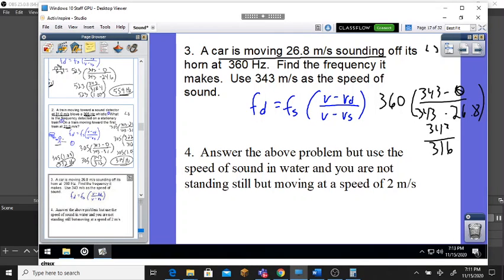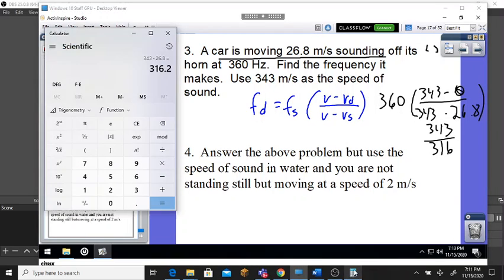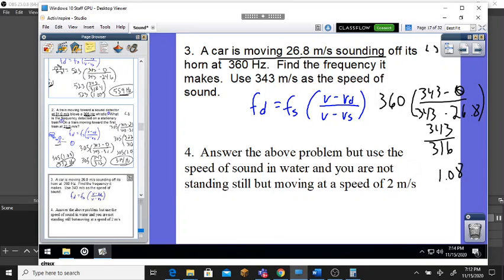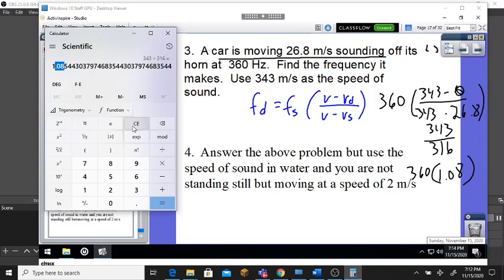The top is 343. 343 divided by 316 is 1.08. Let's clear that out. 360 times 1.08 gives me 388.